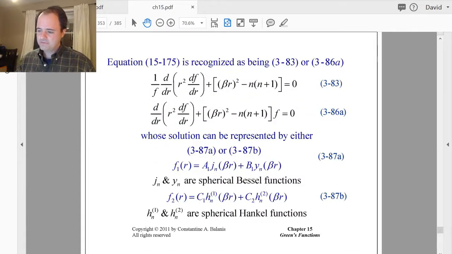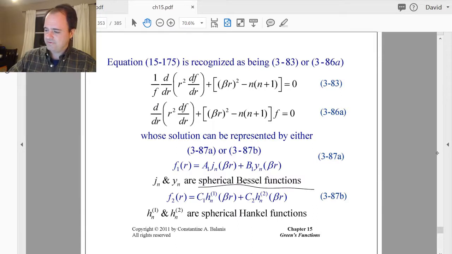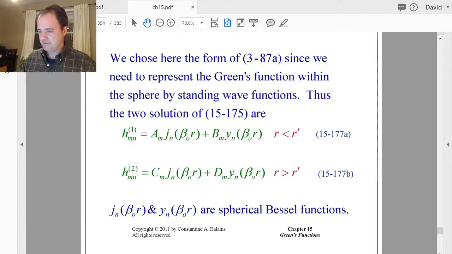And so the solutions to those are spherical Bessel functions. So they're spherical Bessel functions, and we have two solutions for that. Ones that are valid here and here, all right? For r less than r prime, for r greater than r prime. So we have two solutions, H1 and H2, for r less than r prime and r greater than r prime.